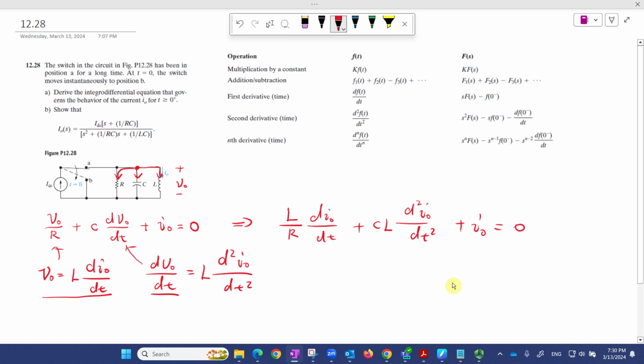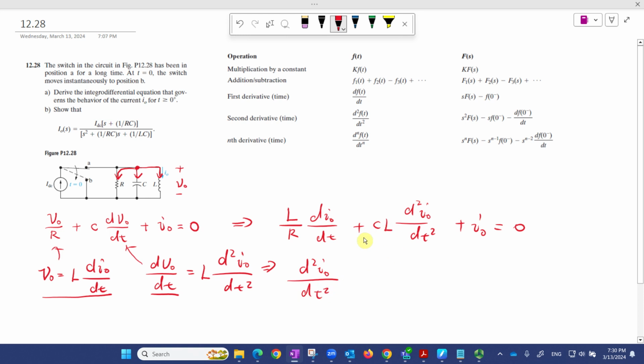That's for this one, and this is the first question. We can move the terms a little bit. We put the highest order derivative at the front, from the highest order to the lowest order.